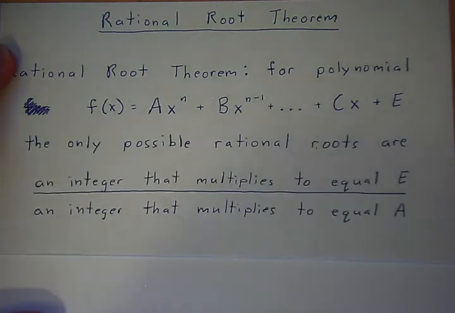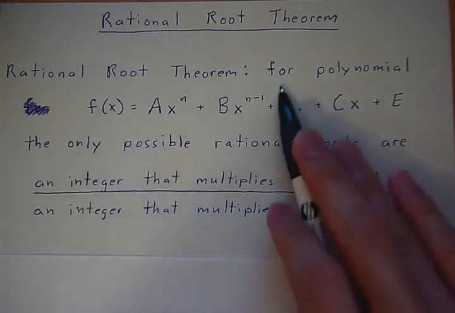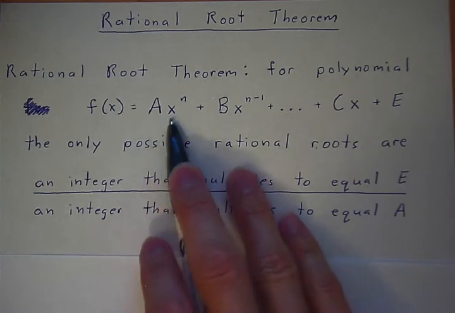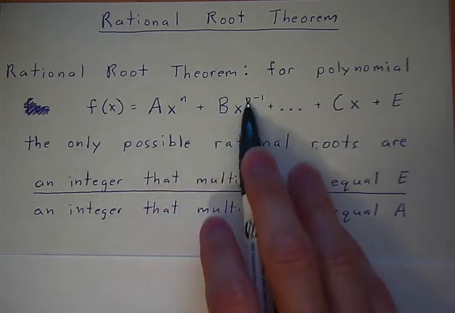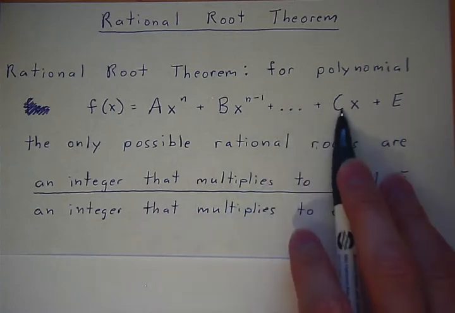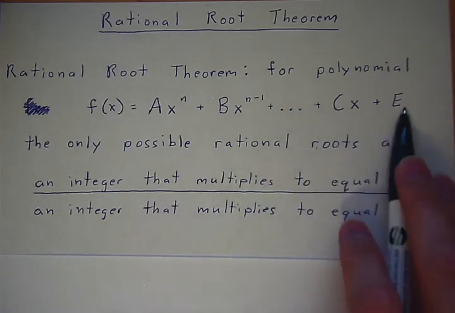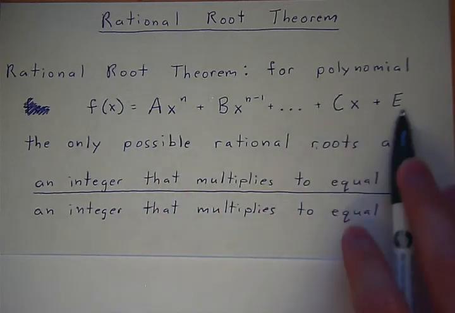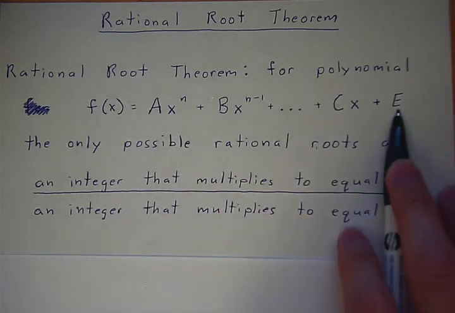Here's the more formalized definition. So rational root theorem, if you have a polynomial, f of x equals ax to the n plus bx to the n minus 1, etc., all the way to cx plus e. Here the capital A, B, C, and E are numbers.